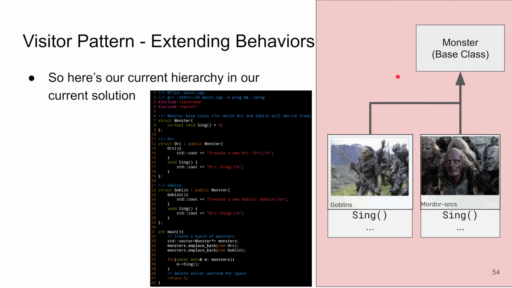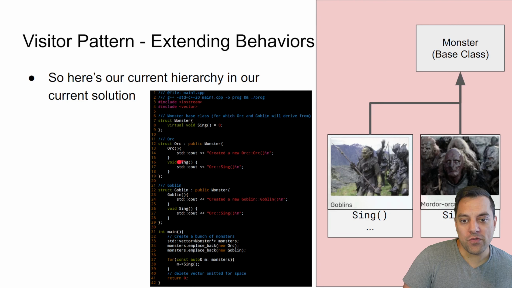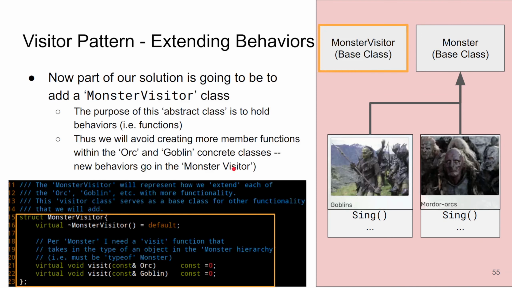Our goal is that we can move our behaviors, things like sing, outside of the orc and the goblin class, okay? And ultimately make it a little bit easier to extend the functionality of each of these monsters. So what I basically want to do here is create another base class, called the Monster Visitor base class.